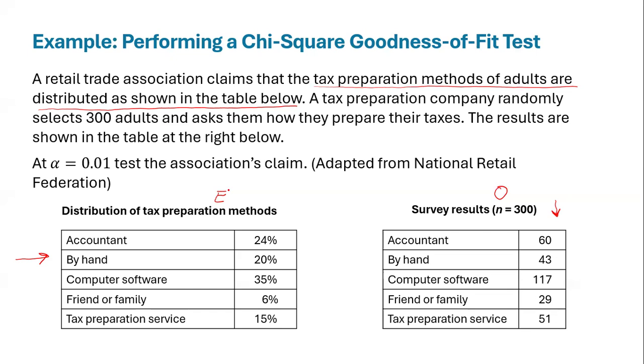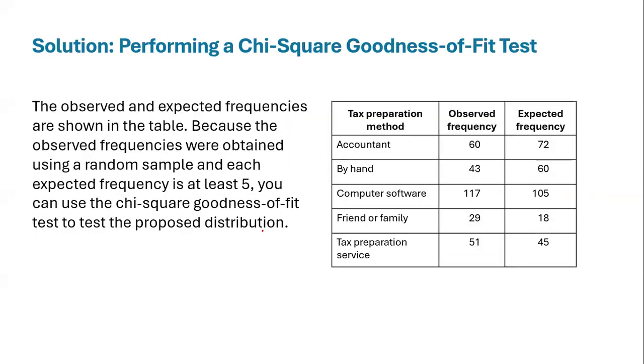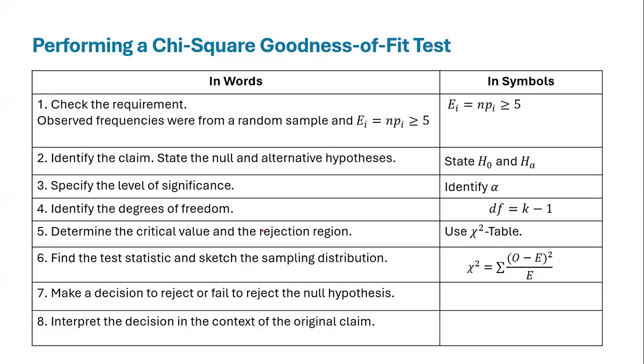Right now in this table, I have percentages. I need to find the expected frequency. And we did it in the previous slides. So now we have both the observed and expected frequency. We can start a hypothesis test. These are the steps that we need to follow. First, we need to check the requirements. We need to make sure that the observed frequencies are from a random sample, and the expected frequencies are at least 5.